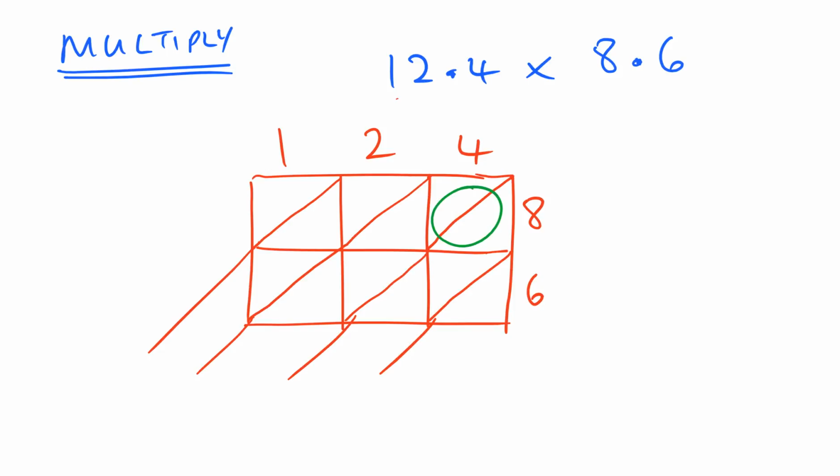This box here is going to be 4 times 8, okay, whoops, just rubbed out the red bit, there we go, put that back in. So 4 times 8 is 32, which I write this way, 3, 2. Okay, this box, the 2 drops down, the 8 moves across, so this box is 2 times 8, which is 16, and this box will be 1 times 8, which is 0, 8.